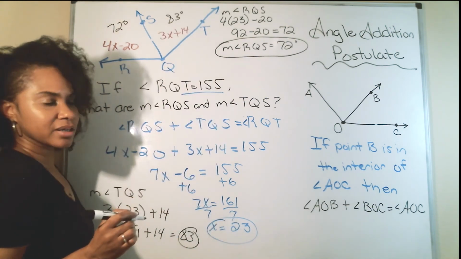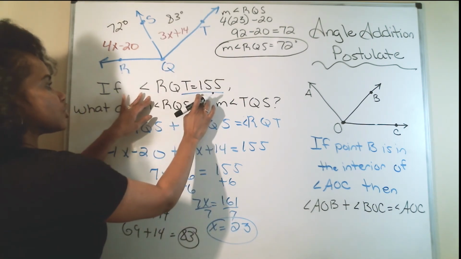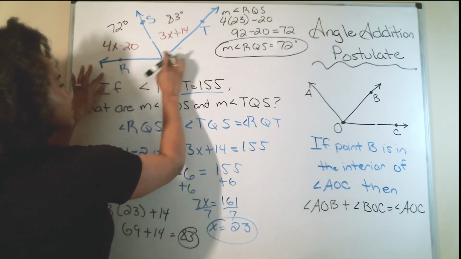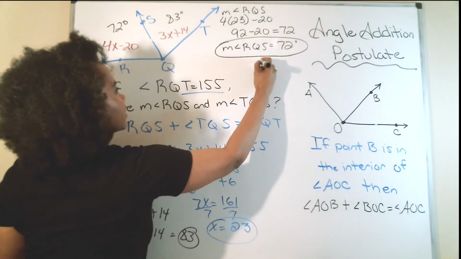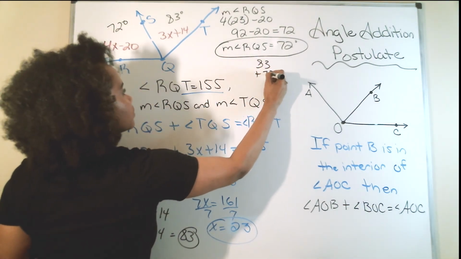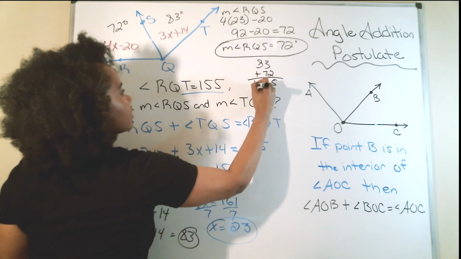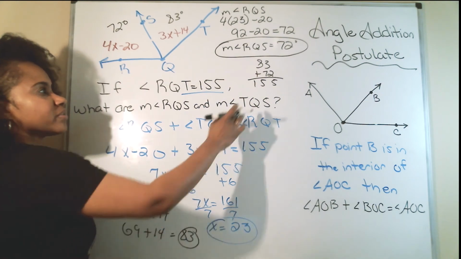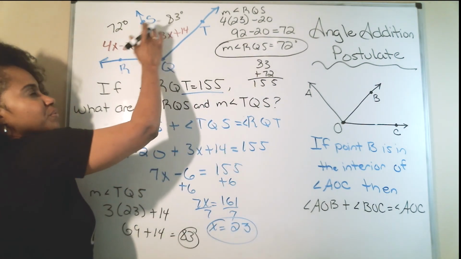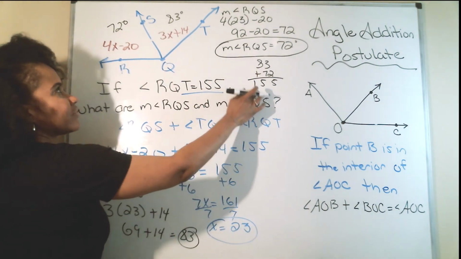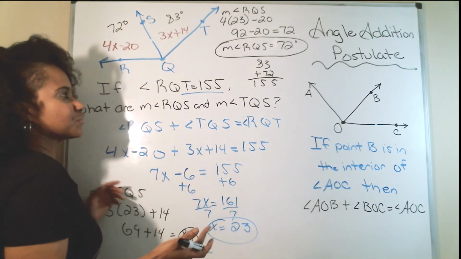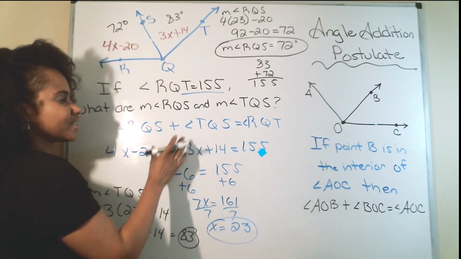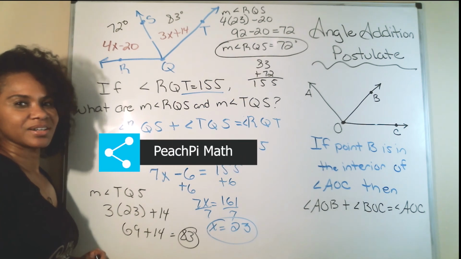I can check it because the entire thing should be 155 degrees. If I add 83 plus 72, that does in fact give me 155. Or you could subtract 155 minus 72, you should get 83, and 155 minus 83, you should get 72. But we found the measure of each one of these angles using the angle addition postulate.